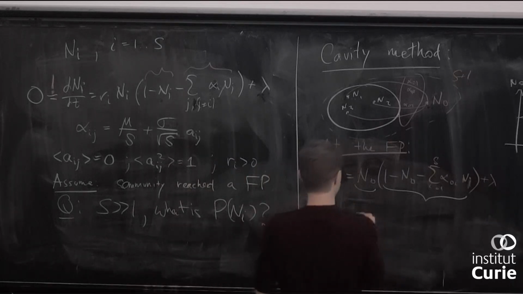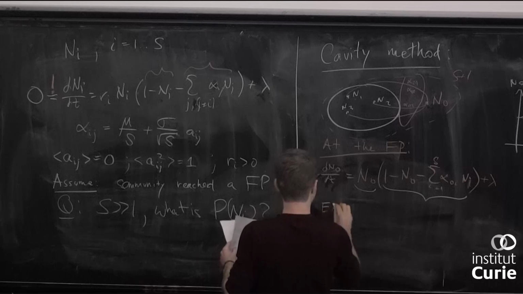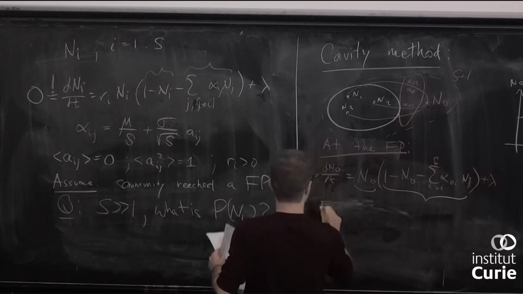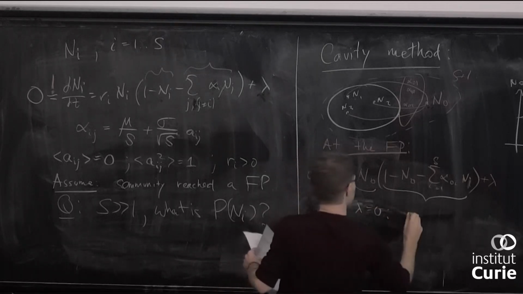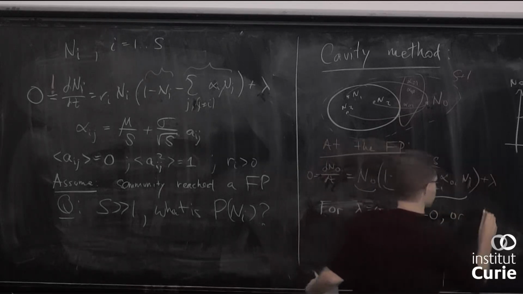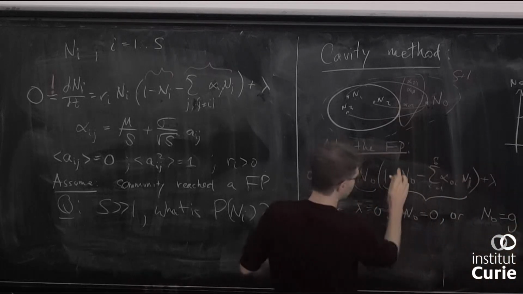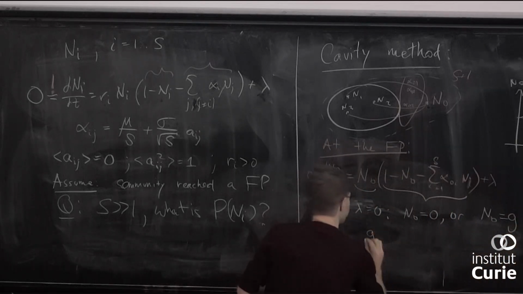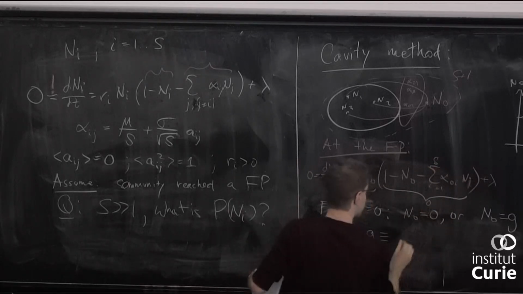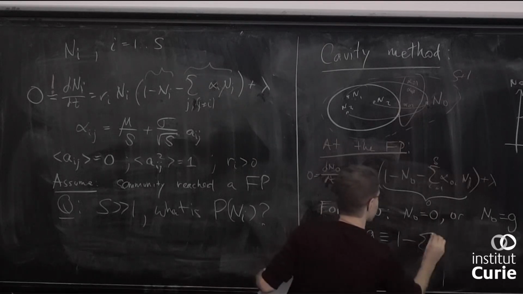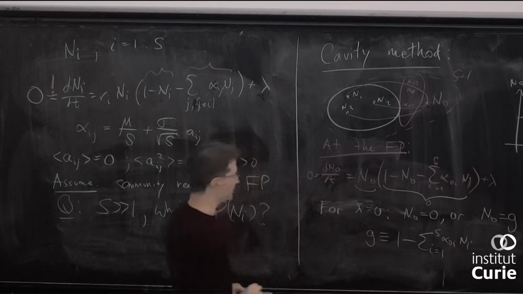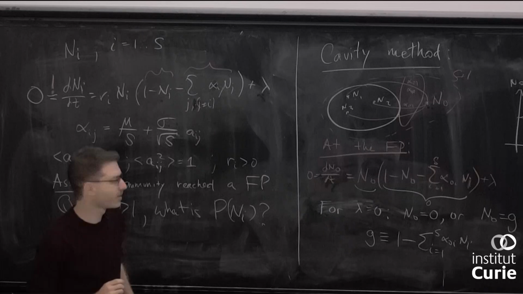So either n0 is equal to 0, or n0 is equal to g, where g comes from solving this, where g is just 1 minus this sum, i from 1 to s, of alpha 0i and i. So those are the two solutions.